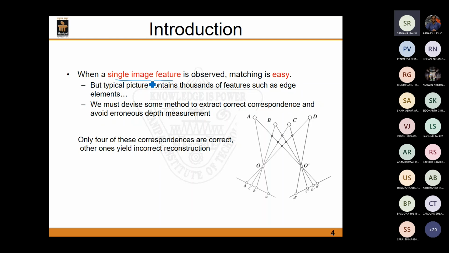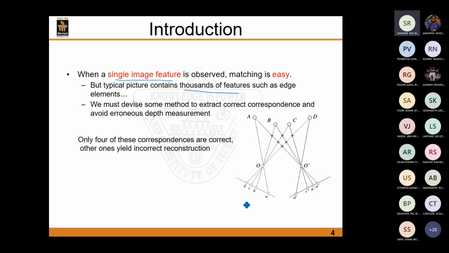When you have thousands of features, which can be extracted or found using different edge features or gradient features, etc., then using the above concept of projecting the lines and finding the point of intersection becomes very difficult.